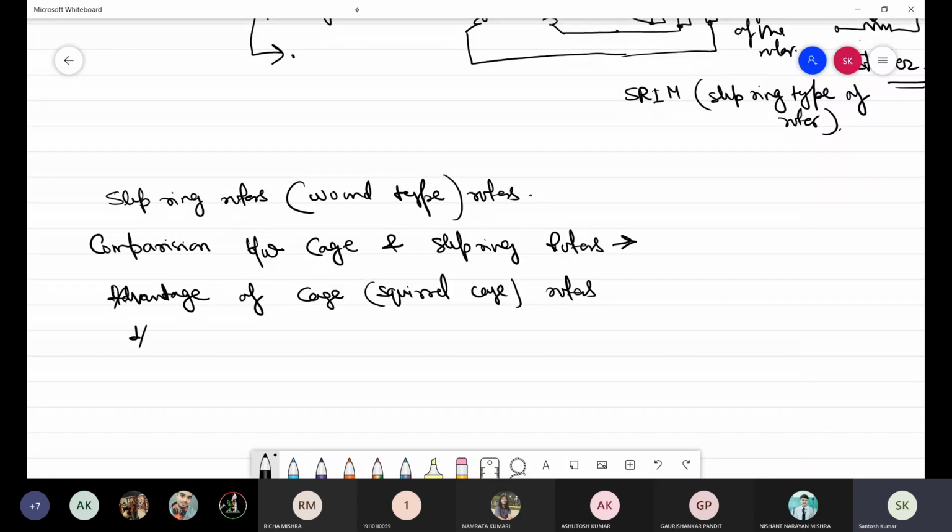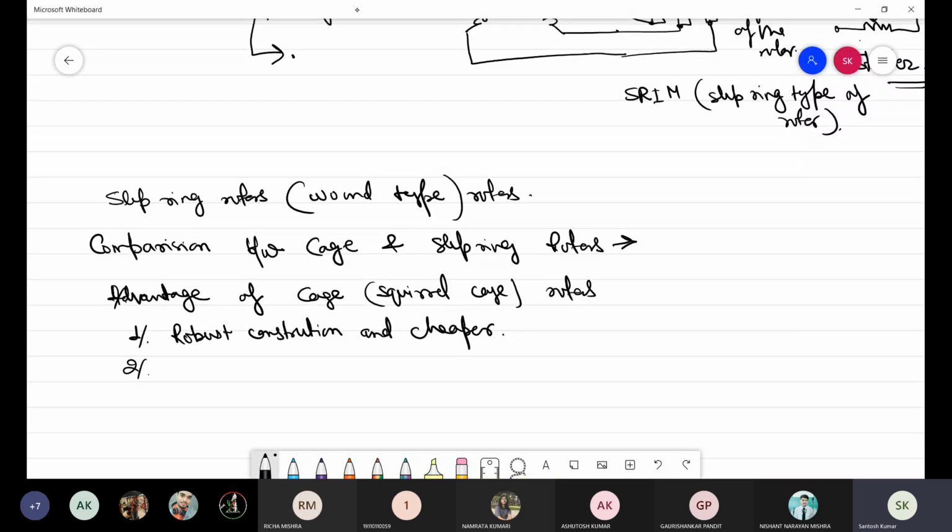So first advantage is simple, robust construction, no maintenance. Robust construction means we need very little or no maintenance, and cheaper.